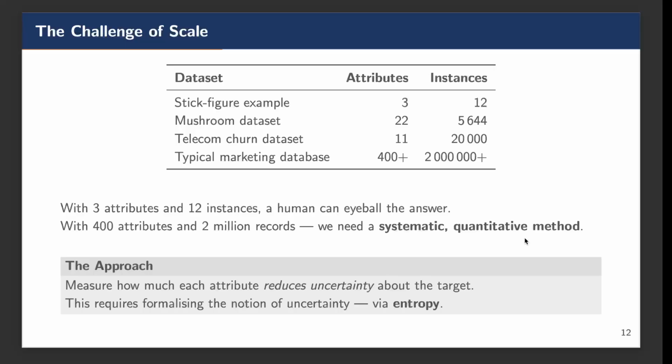However, usually when we look at a database, for example a marketing database, it may have more than 400 attributes and probably 2 million records. In this case, we are not able to see the patterns just by looking at the data set. Instead, we need a systematic and quantitative method to measure how much each attribute reduces uncertainty. This is where we formalize uncertainty using what we call entropy.